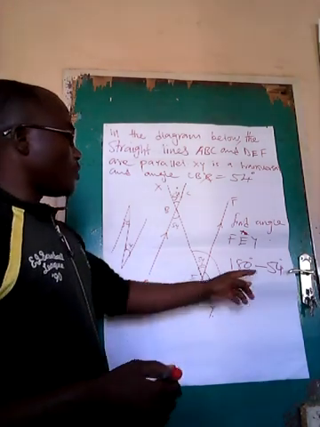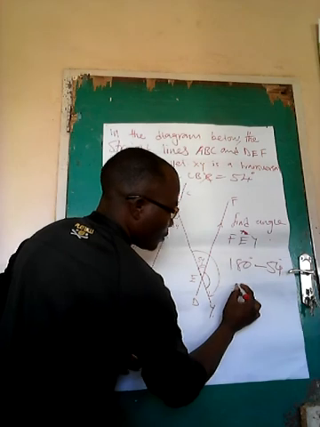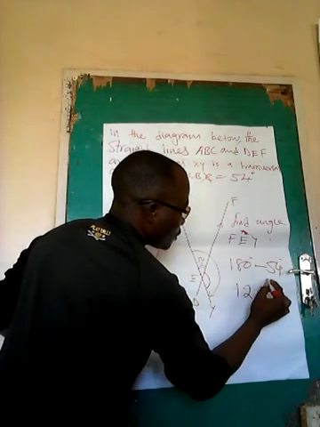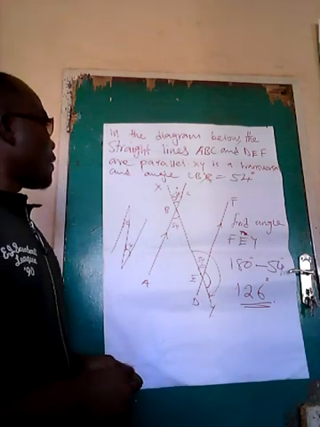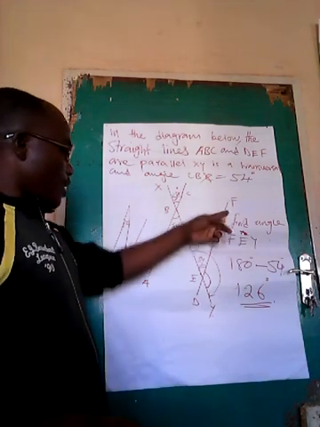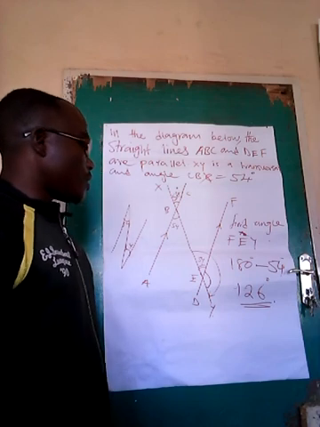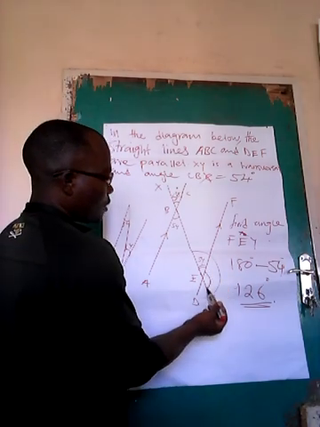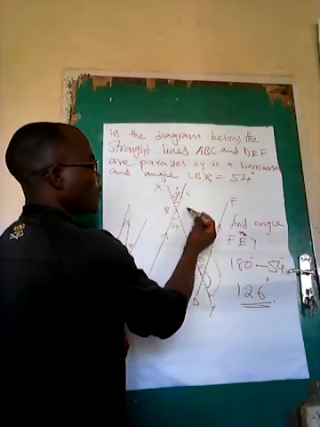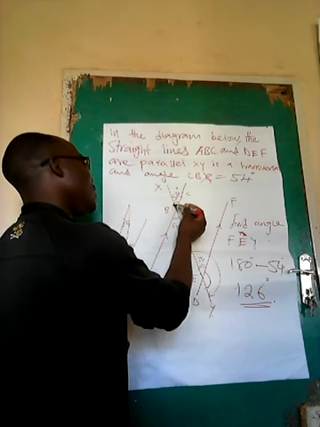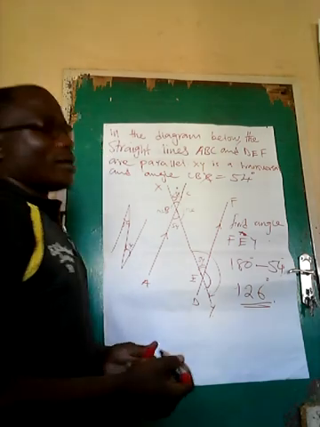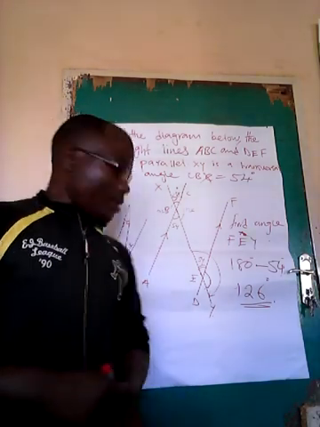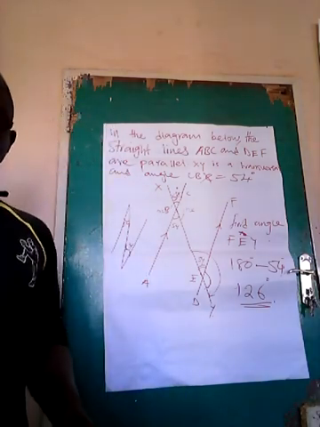You are going to remain with 126 degrees. So that is the angle they wanted us to calculate. Angle FEY is equal to 126 degrees. So if this is 126 degrees, even the angle there is 126. Even the one opposite that side is 126. Just like that. Okay. Let's look at the next question.